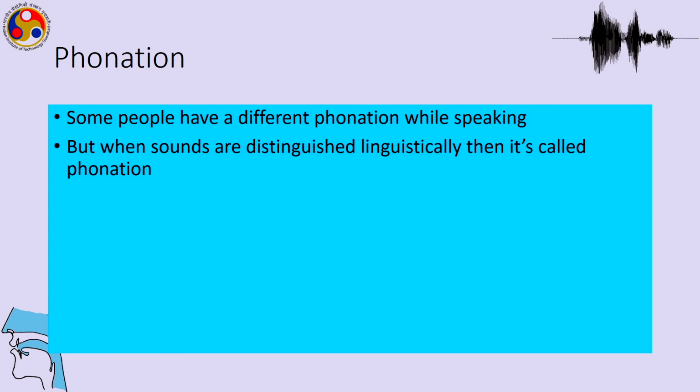Talking about phonation, some people have different phonation while speaking. You can hear that some people use their glottis to produce more breathy sounds, more creaky sounds. It depends on those properties, which can be very idiosyncratic, but can actually be linguistically distinguished in some languages, and when that happens, that's called phonation.